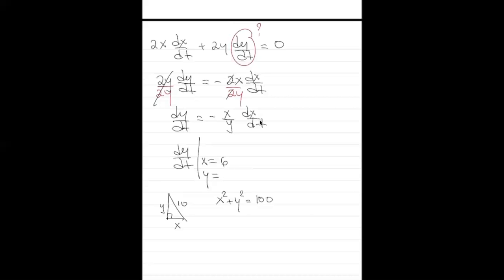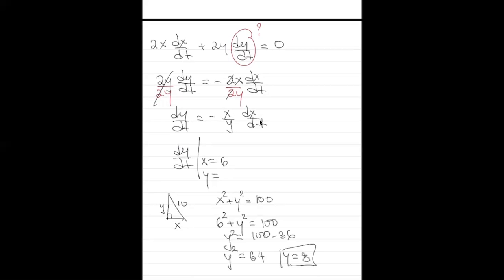If x is 6, what is y? We substitute: 6 squared plus y squared equals 100. y squared is 100 minus 36, which is 64, and y equals 8.